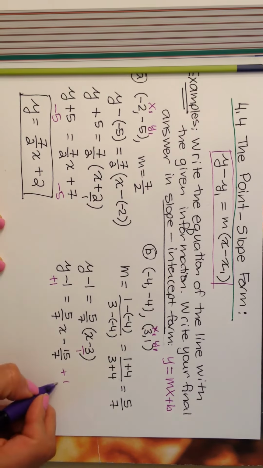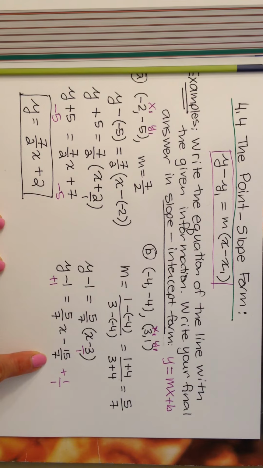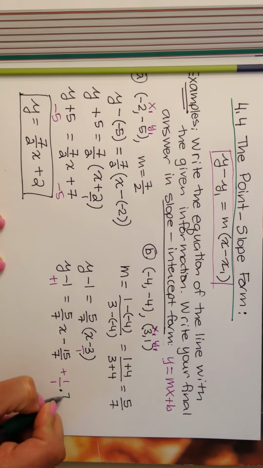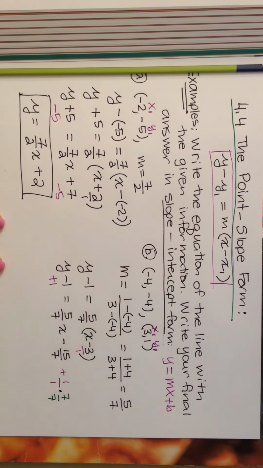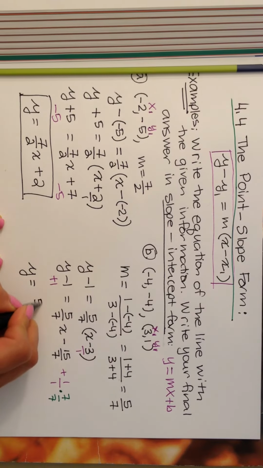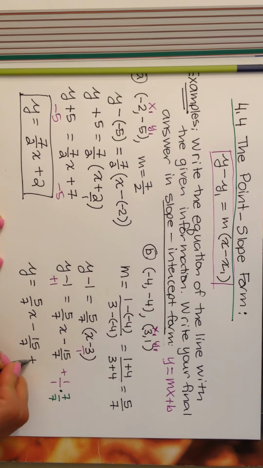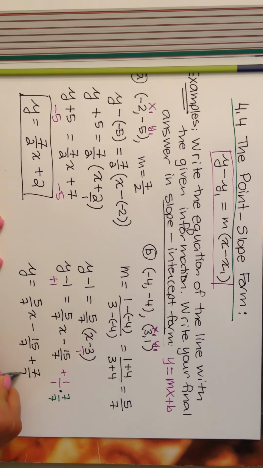You know, 1 is the same as 1 over 1. And in order to combine, I need to have a common denominator, which I know is 7. So you multiply here by 7 over 7, which gives us y equals 5 over 7 x minus 15 over 7 plus 7 over 7.